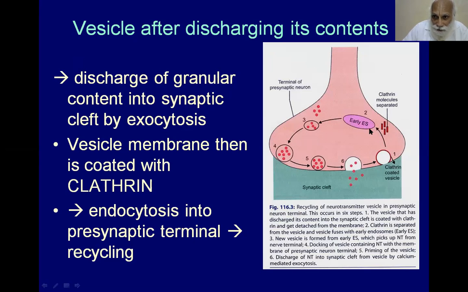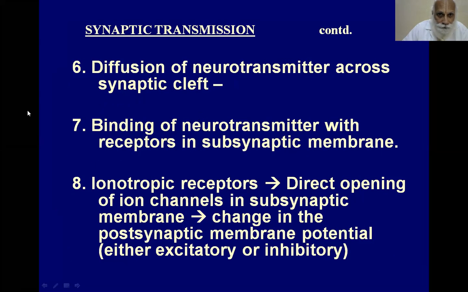These early endosomes form the vesicles, and the vesicles are filled with the neurotransmitters. So diffusion of the neurotransmitter across the synaptic cleft occurs to reach the postsynaptic membrane. Binding of the neurotransmitter with the receptors in the postsynaptic membrane is the next step.